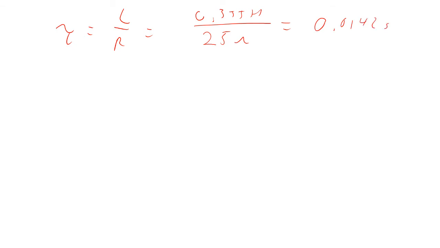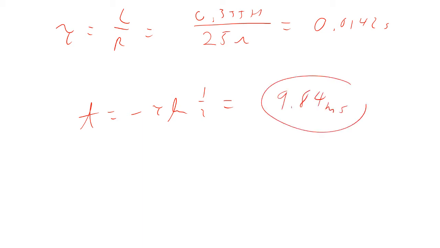So if I plug that into the previous equation, so t, which is equal to minus tau natural log of 1/2, if I plug that in, what I come up with is 9.84 milliseconds. So that's how long it took until the current got to be 1/2 of the maximum.